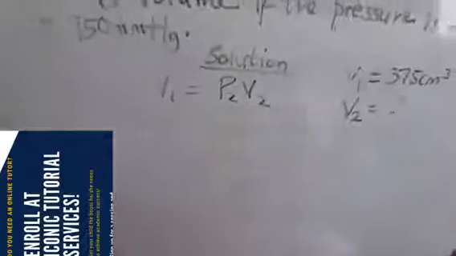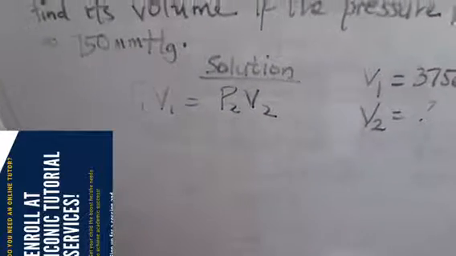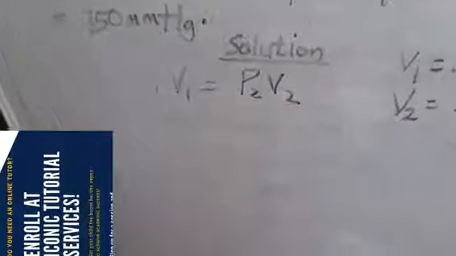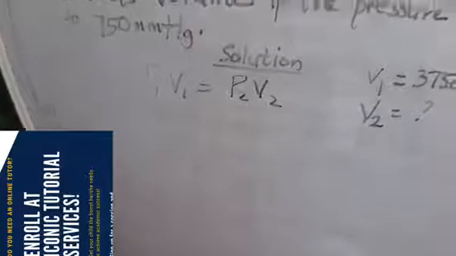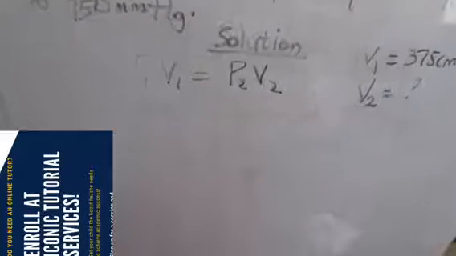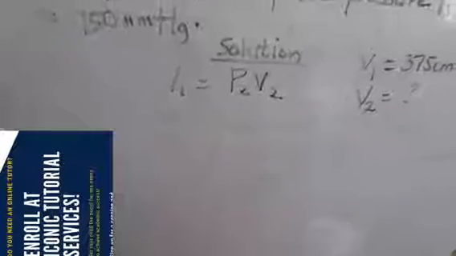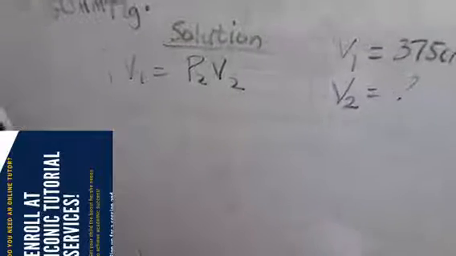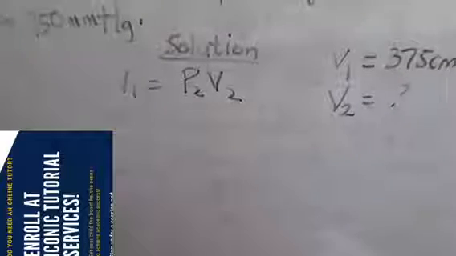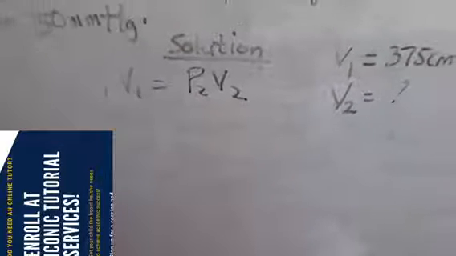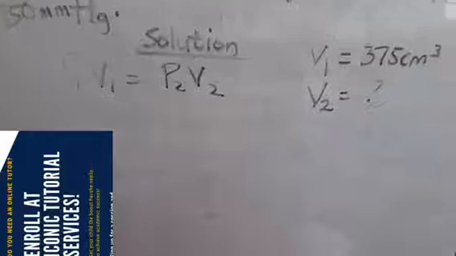This is the Boyle's law equation that says P1V1 equals P2V2, where P1 is the pressure of the gas at volume V1, and P2 is the pressure of the gas at V2. Remember that Boyle's law states that the volume of a given mass of gas is inversely proportional to its pressure, provided that the temperature remains constant.